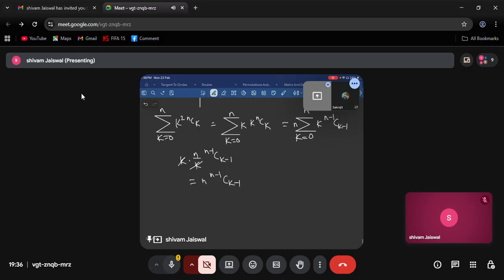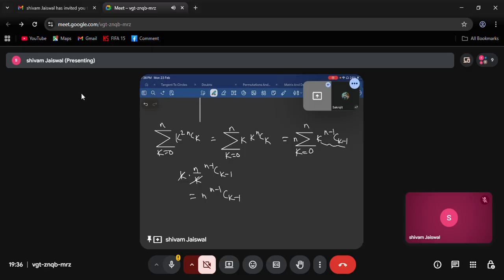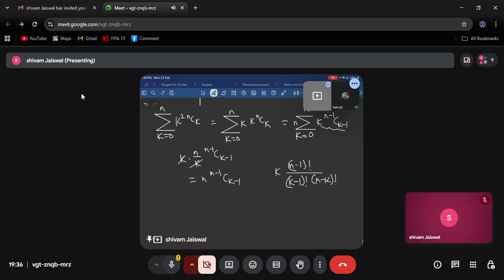Again, this one we can simplify. So k into n minus 1 whole factorial divided by k minus 1 whole factorial into n minus k whole factorial.